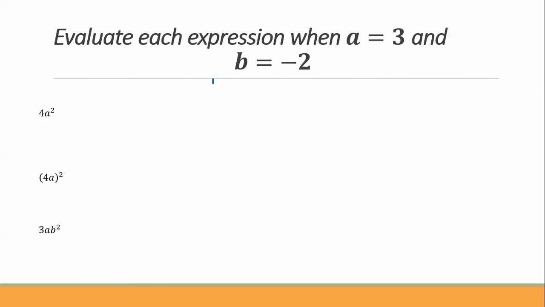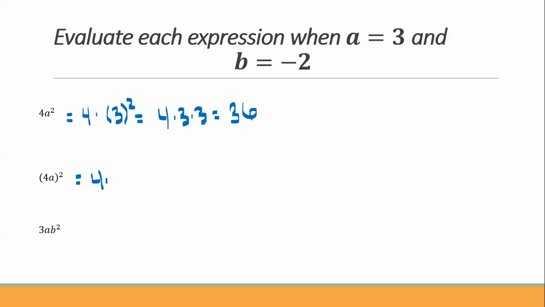And last thing we want to do is some evaluating. When a is equal to 3 and b is equal to -2, we're going to put 3 in for a and -2 in for b. So again, make sure you write out all your steps. This is 4 times 3 squared. So that's 4 times 3 times 3, which is 4 times 9, which is 36.